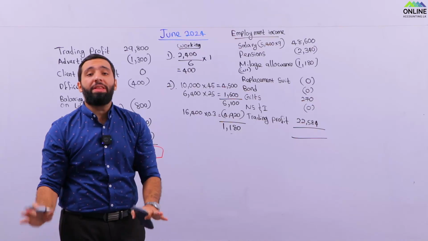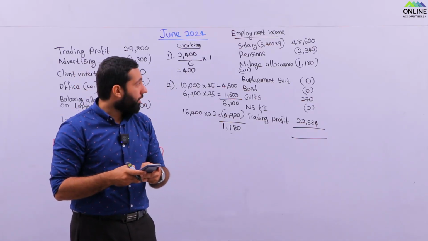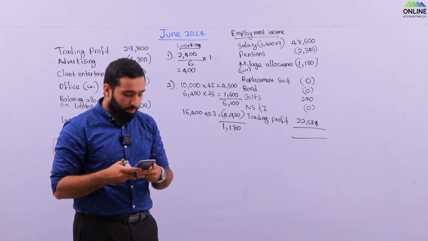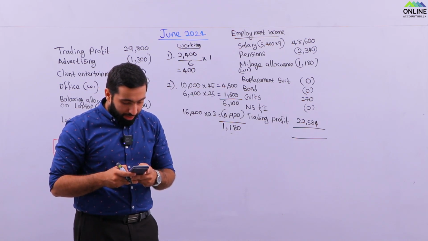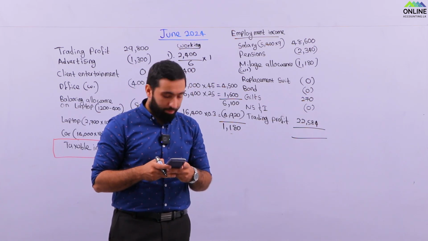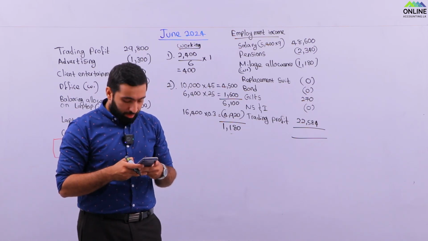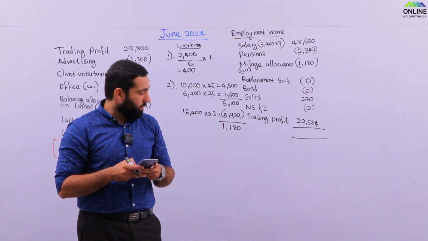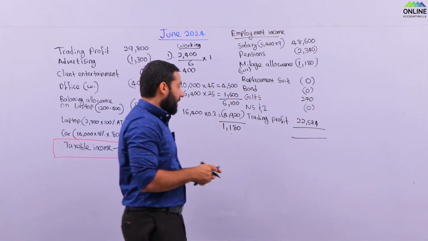We have included everything that is available in this question, and then we are moving on. 48,600 minus 2,340 minus 1,180 plus 270 plus 22,584 will give you 67,934.